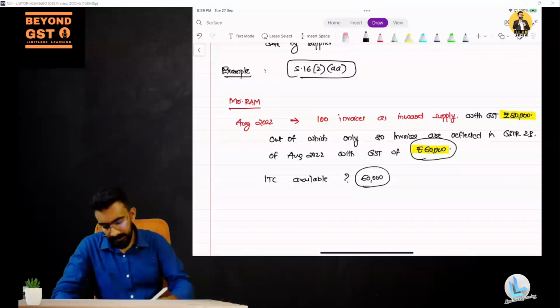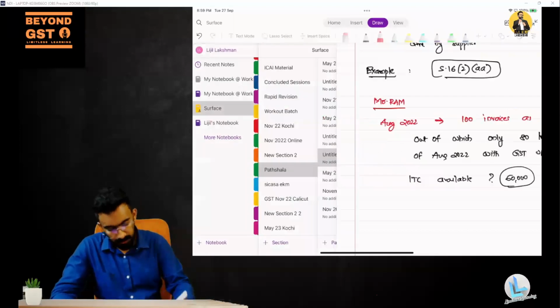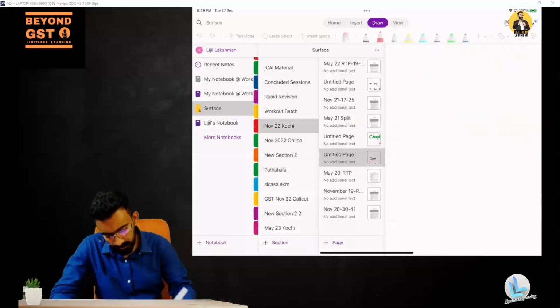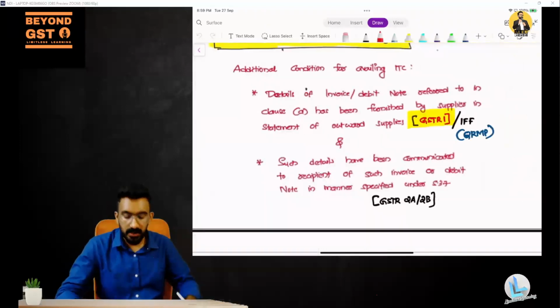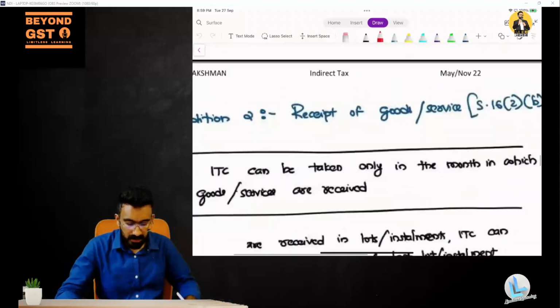Now the context would be this. Suppose you know that you have something called as QRMP scheme. What is QRMP scheme?